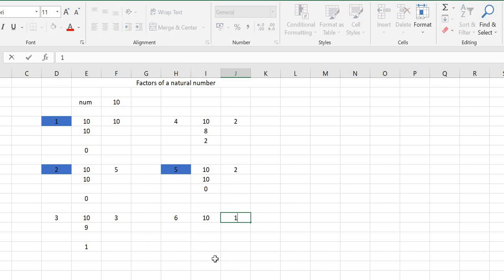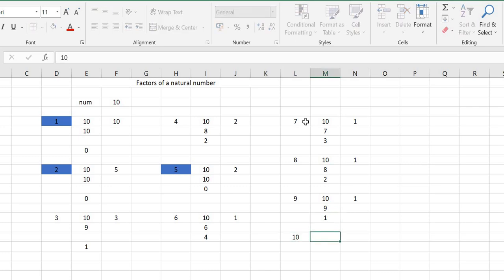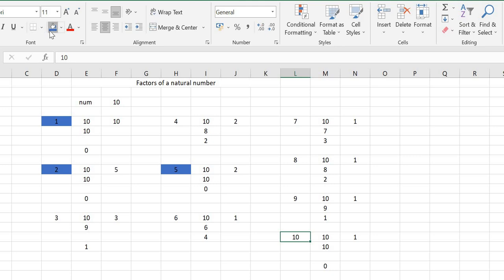Obviously, 6 times 1 is 6, the remainder is 4, not a factor. 7 times 1 is 7 and the remainder is 3, again not a factor. 8 times 1 is 8, because 8 times 2 is 16, and the remainder is 2, not a factor. 9 will never be a factor of 10. 9 times 1 is 9 and the remainder is 1, therefore again it is not a factor. 10 times 1 is 10, the remainder is 0, therefore 10 is also a factor.